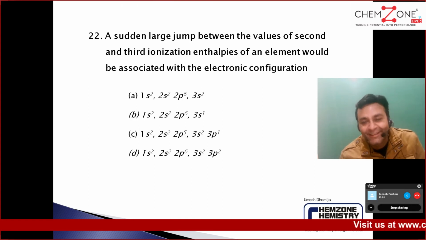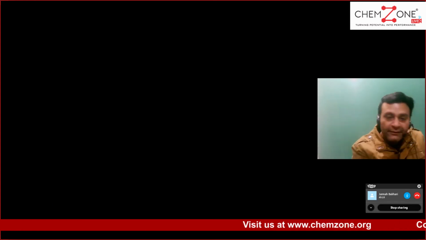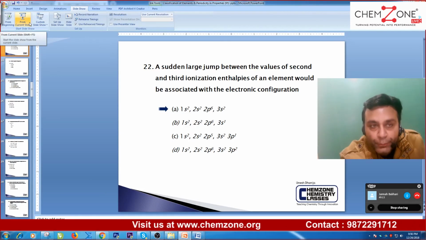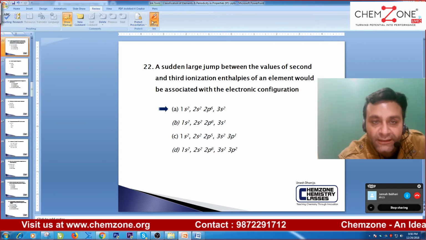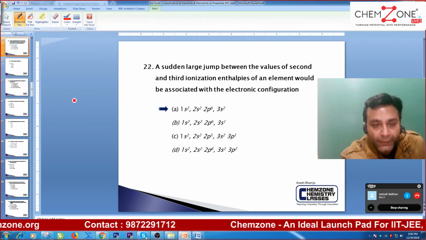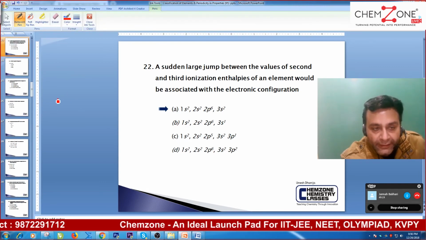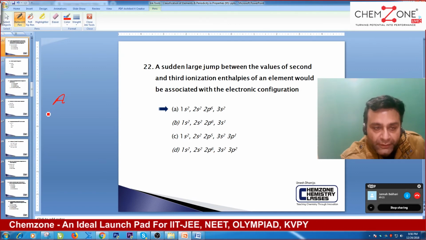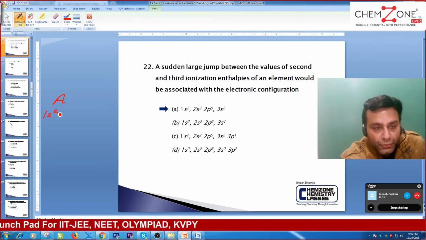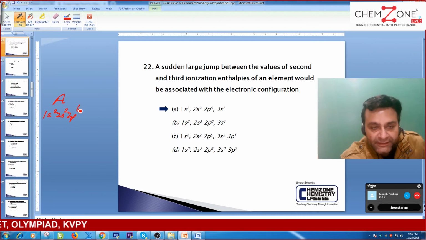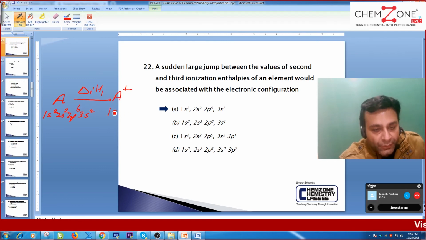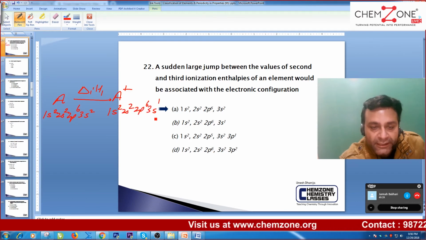What I do is a very simple thing. I'll prove this answer here is A, right? So we are given this electronic configuration: 1s2, 2s2, 2p6, 3s2. I am providing delta IH1 and making it A positive, so it's 1s2, 2s2, 2p6, 3s1. Is that clear?